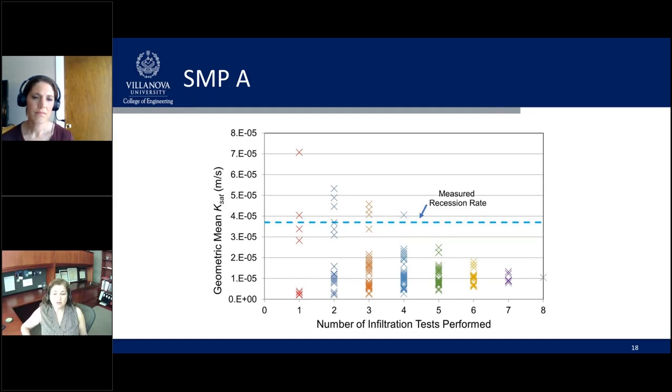And we keep doing those combinations as we move through, right? So the orange dots for 3, again, that would be any 3 of those spot infiltration tests being combined. And as we move across from left to right, we see that because we're averaging these values together, we end up with one average geometric mean value, which in this case is under predicting what the measured recession rate is.